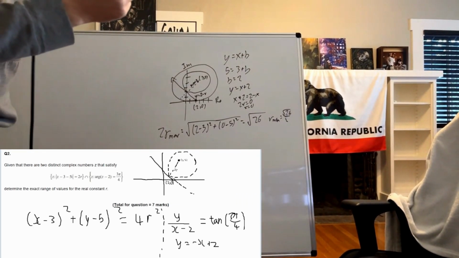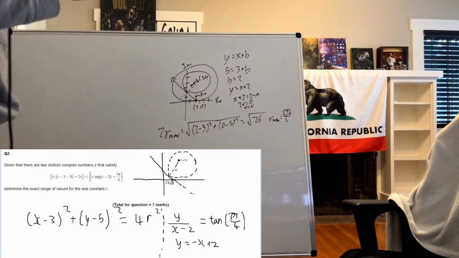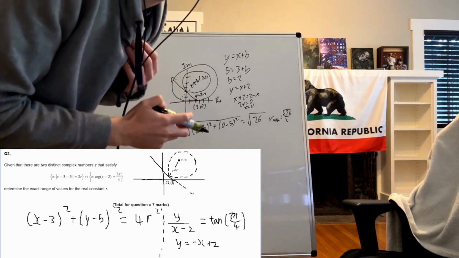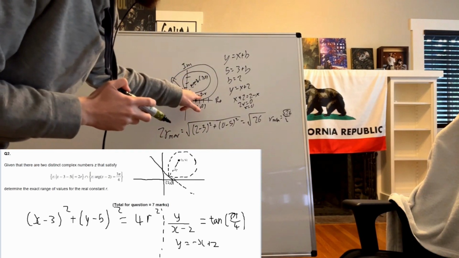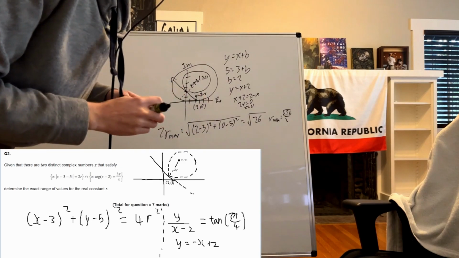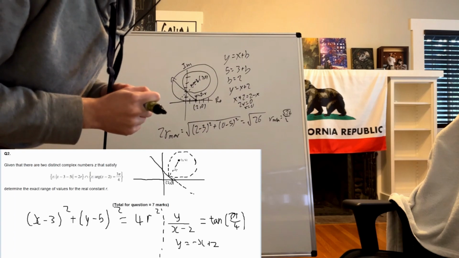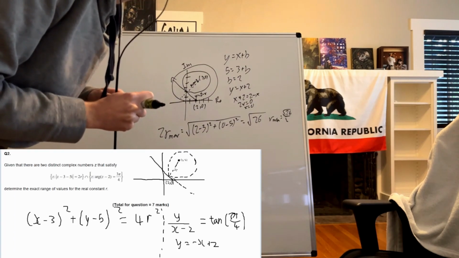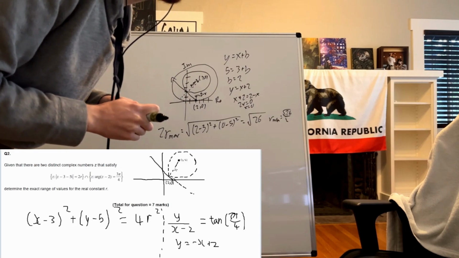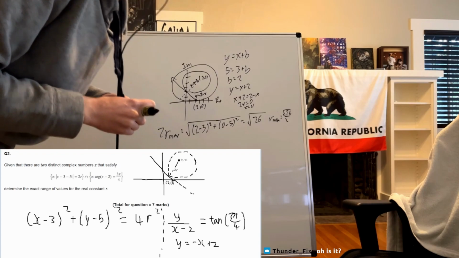Wait, did I do something wrong? y equals minus x plus 2? That's the same thing as 2 minus x. 2 minus x and negative x plus 2 are the same thing.